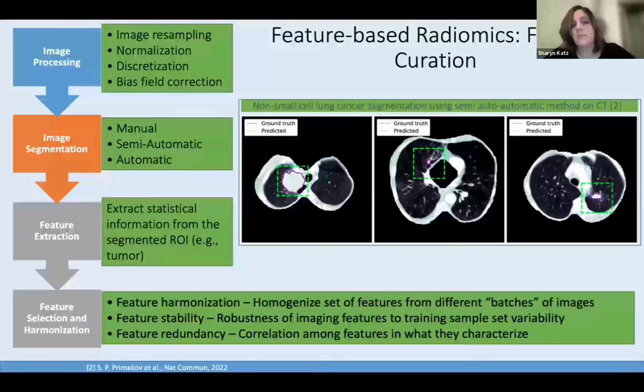Those predictors usually have a morphological basis. For example, in the case of ICI therapy prediction in lung cancer, the idea is that the degree of baseline tumor infiltration by lymphocytes and mutational burden results in radiomic features that we're able to extract and predict that patients are more likely to respond to ICI therapy.